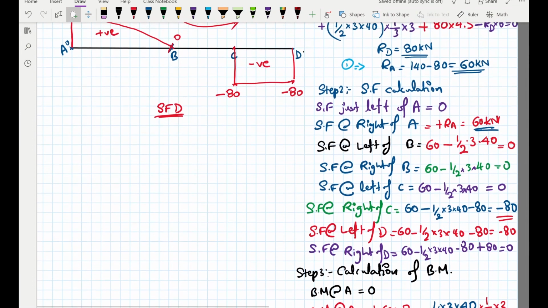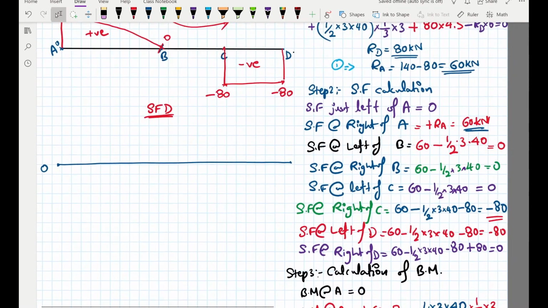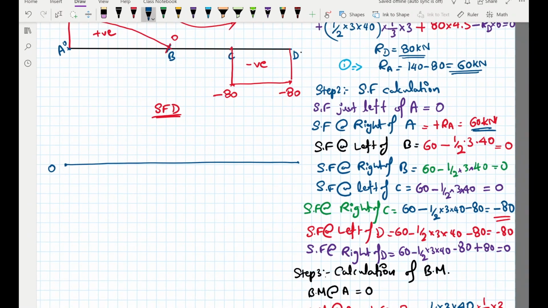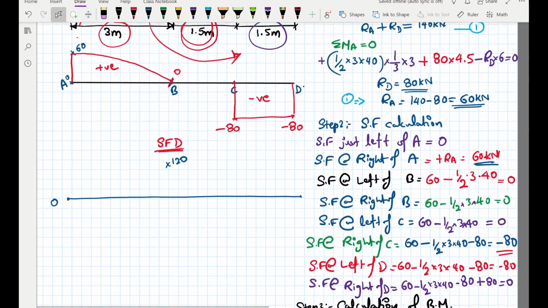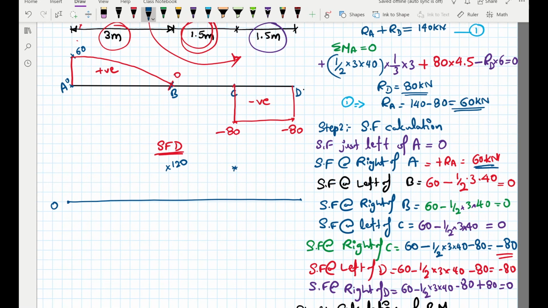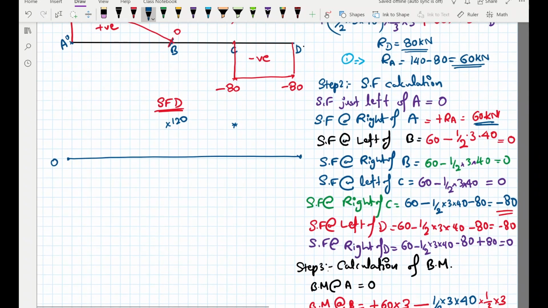So at point A we got 0 since it is simply support. At point B we got plus 120. Then at point C we got again 120. Then at point D we got 0.